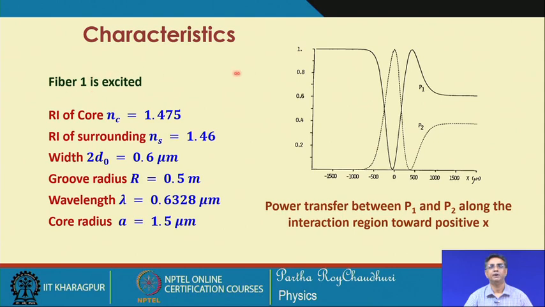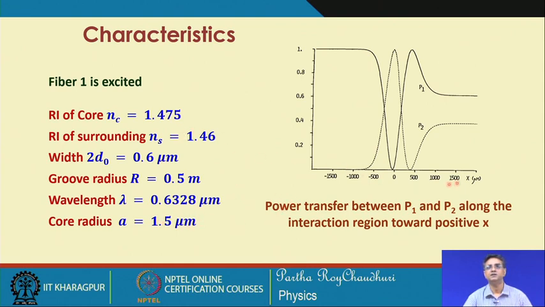Now, if you have one fiber which is excited with power, with this core refractive index and cladding, these are the typical practical values which are used: 2d0 equal to 0.6 micrometer, groove radius about 0.5 meter, the wavelength is the helium neon laser wavelength, and the core radius of the fiber is 1.5.